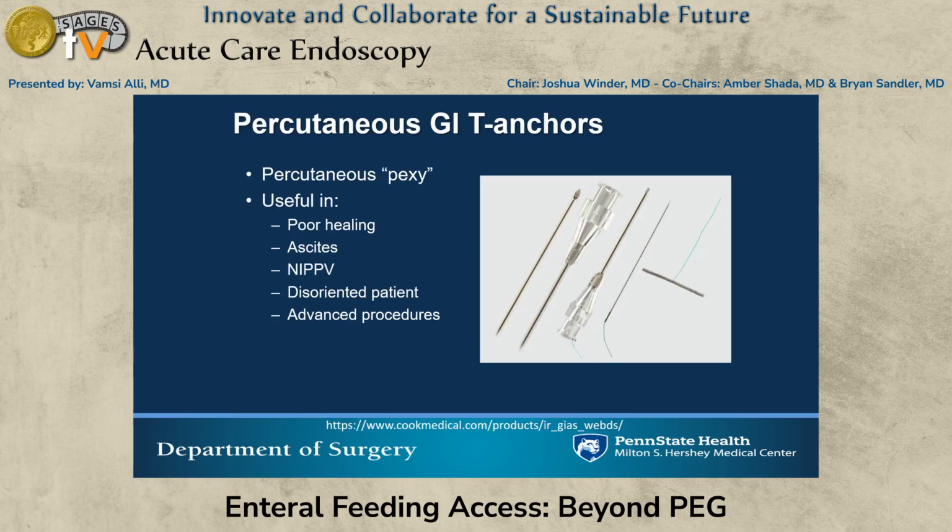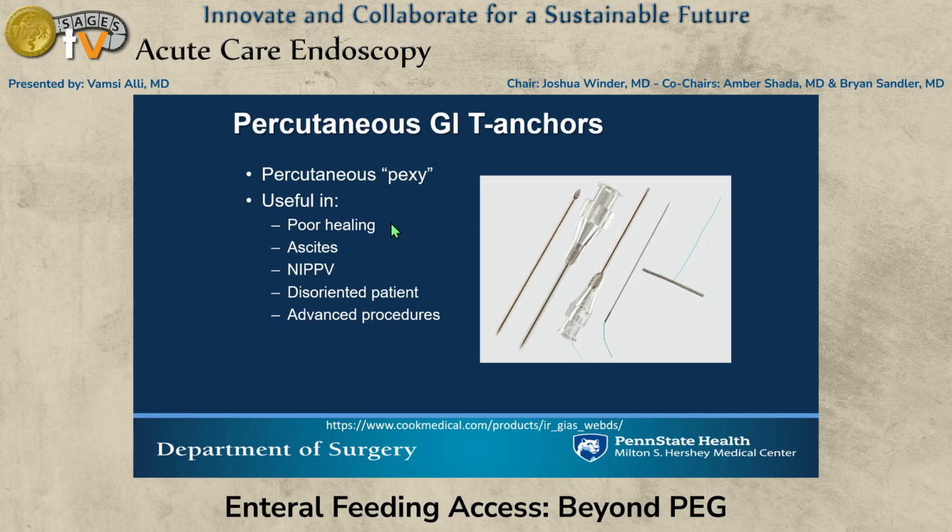So the T-anchors that have been mentioned before, they really allow you the ability to pexy the tissue in place percutaneously. It's basically a hollow bore needle with a pusher. And when you deploy the pusher, there's a suture at the end of this, and that's attached to this metal crossbar. So much like if you go shopping and you see the tags on your clothing with that little plastic T-bar, it's the same thing essentially, but for GI tract pexy.